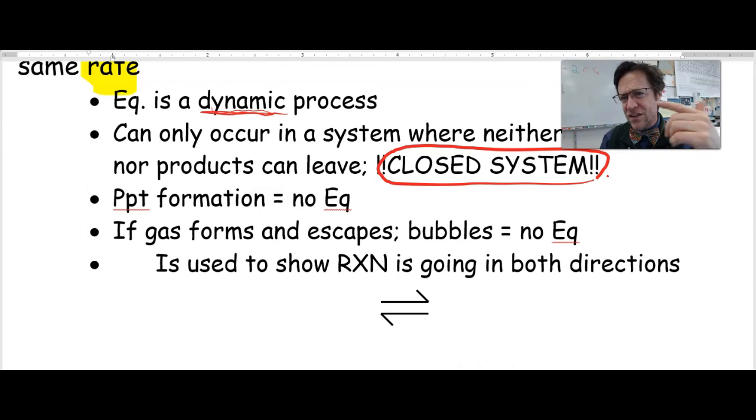So the reverse reaction can't happen if you take the products away. So it has to be in a contained unit, where all the reactants and products are held in the same container, so they can both be available to make the forward and reverse reactions happen.